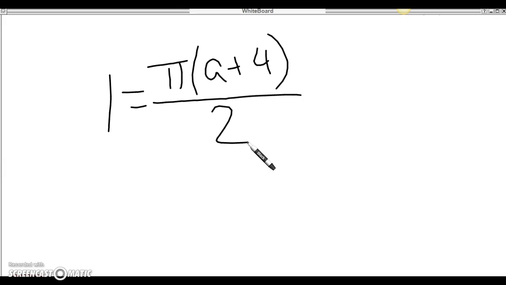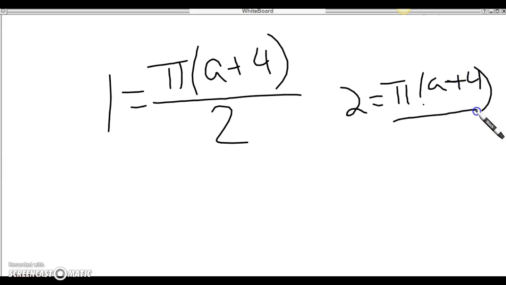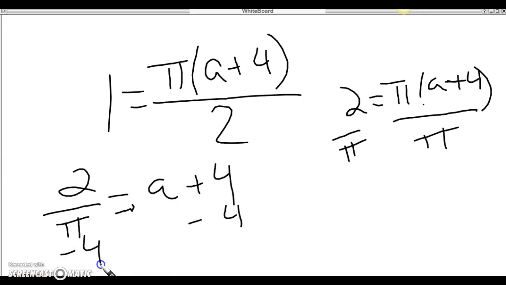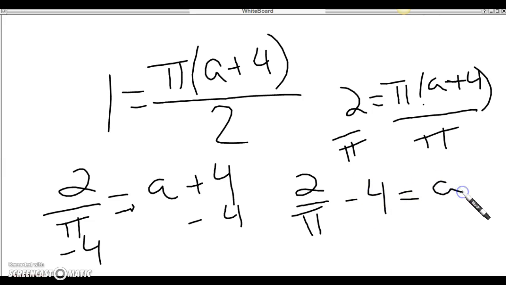So if I multiply that, I get 2 is equal to pi times a plus 4. Okay, and so I divide both sides by pi. We'll leave it like that for now. So I get 2 over pi equals a plus 4. So I subtract 4 from both sides, and I get 2 over pi minus 4 equals a. We know a can't be negative, so let's see what this value is.